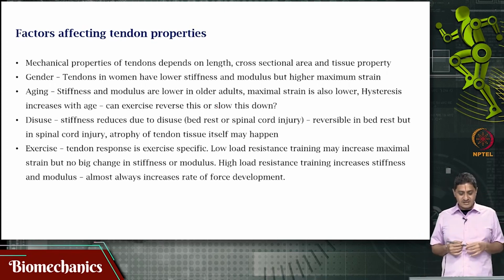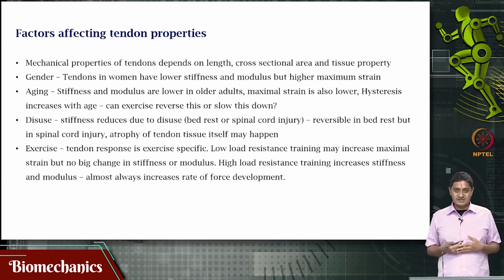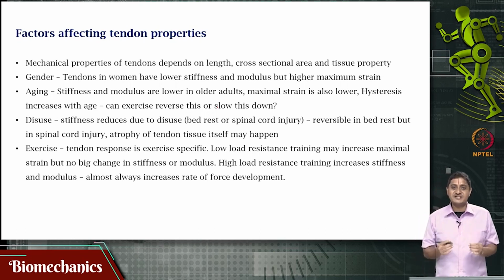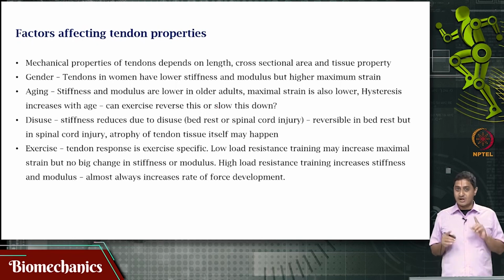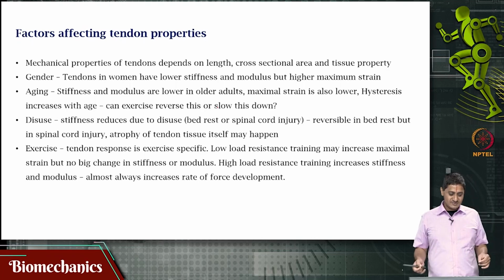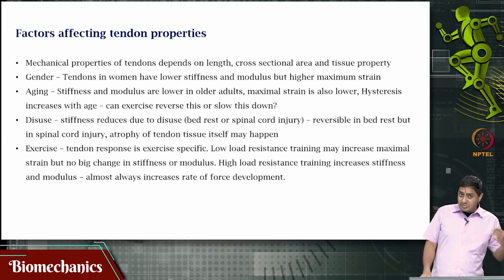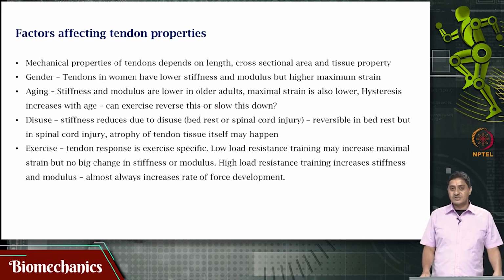The message is that this deterioration in stiffness, modulus and maximal strain can be partly offset by exercise. Not fully offset, but exercise has its benefits. Exercise may not be able to reverse this completely, but we can definitely slow this down and reverse this partially.